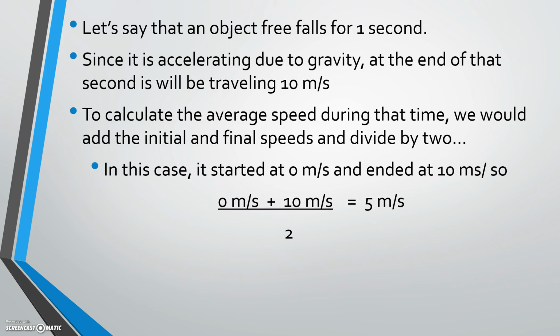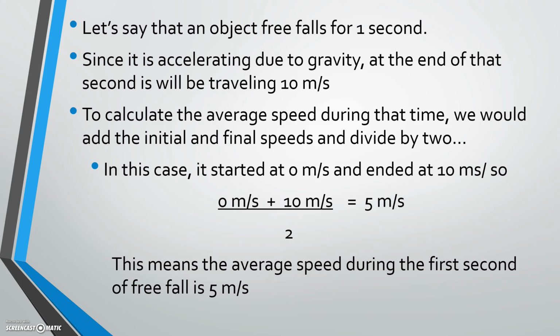So we would take 0 meters per second plus 10 meters per second, divide it by 2, and the average speed in the first second of free fall is 5 meters per second.